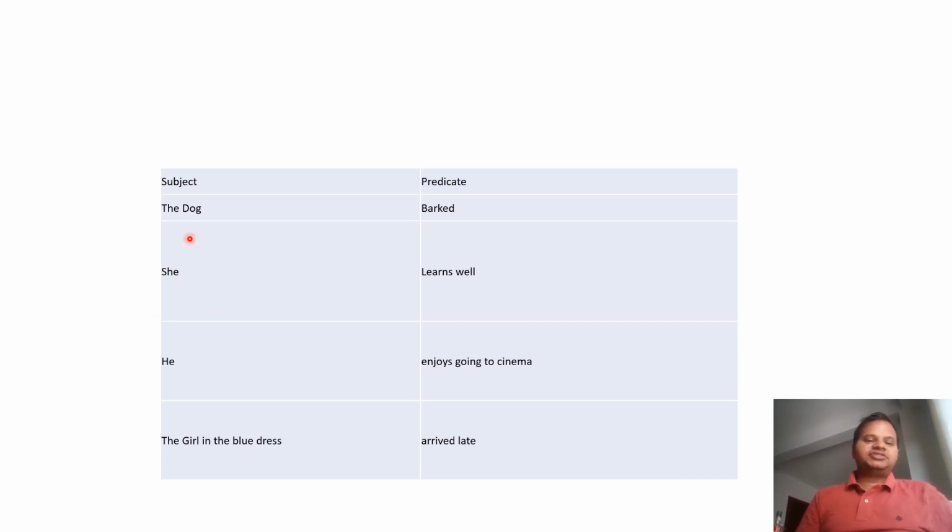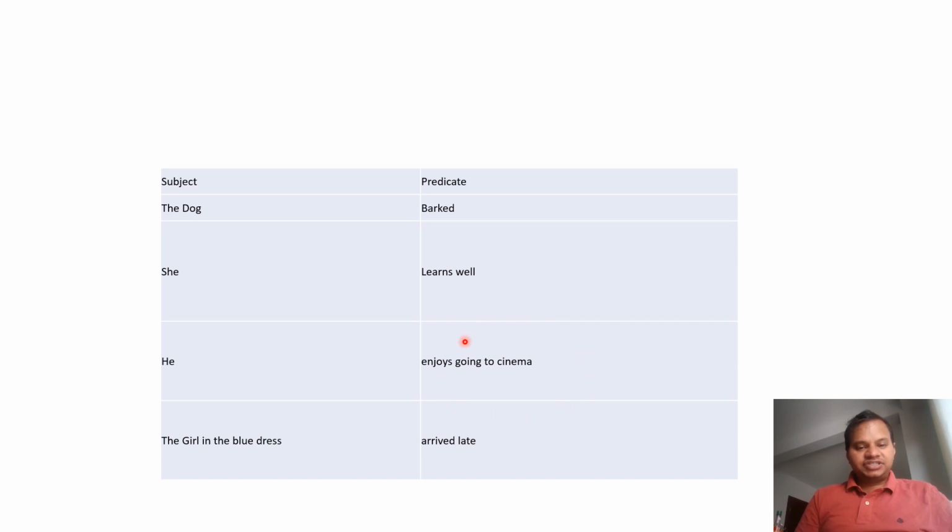For example, it's just an idea of a girl, but what she is doing we can express by means of the predicate, her actions. So here also we can see, he enjoys going to cinema. So he, we think of a boy, but what he does, we are expressing it by means of the predicate.